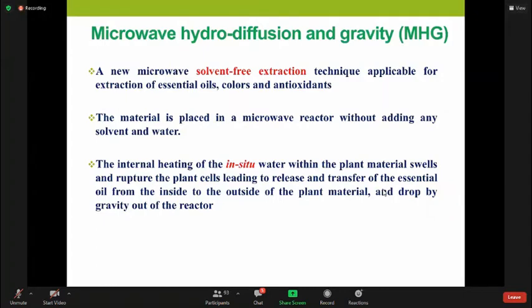The material is simply placed in a microwave reactor without adding any solvent or water, and the internal heating of the water within the plant material ruptures the plant cells, leading to release and transfer of the essential oils and other coloring components from the inside of the material to the outside, and thus they can be collected simply by gravity.